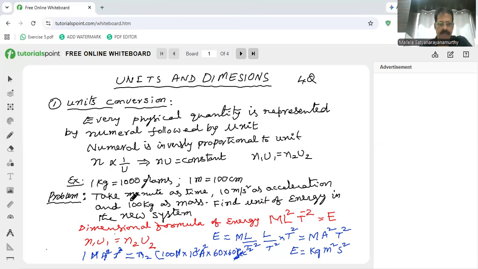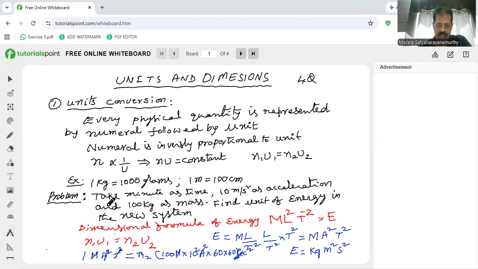I will take one example. Generally, you know that the dimensional formula of energy is ML^2T^-2, that means kg meter square by second square. That is the unit of energy.